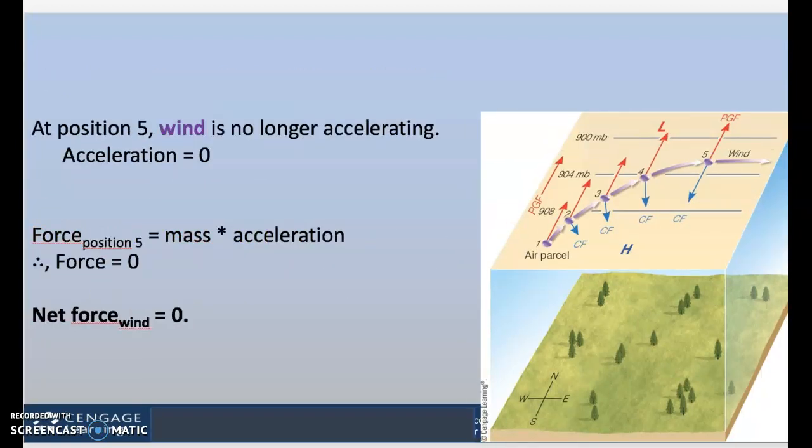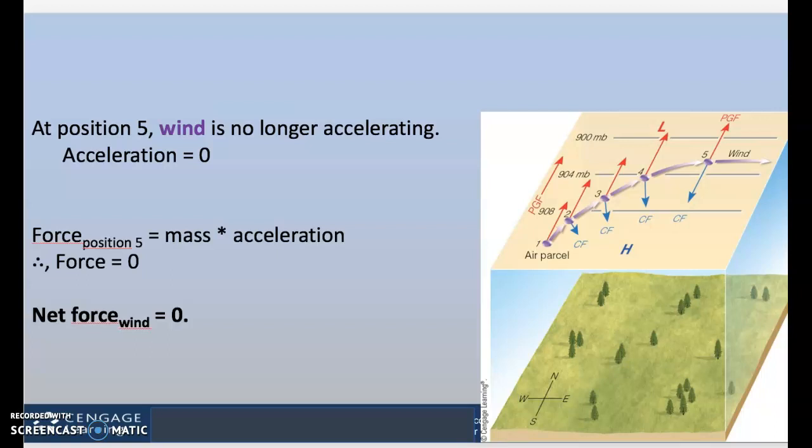Finally, at position 5, where the pressure gradient force is balanced by the Coriolis force, we no longer have a change in direction. And remember, a vector is dependent on speed and direction. When we're measuring force on this vector, we measure force as equal to mass times acceleration.